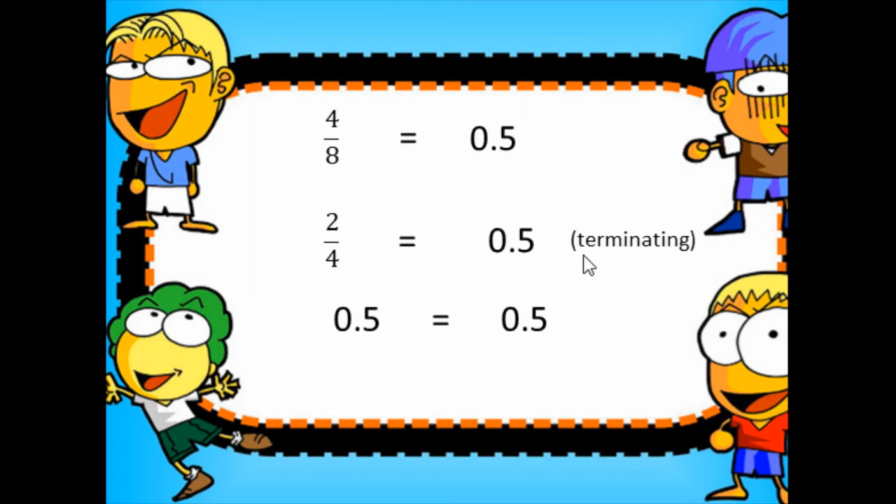If the decimal stops, it's called terminating. Terminating. Everybody please read. 0.5 is equal to 0.5.